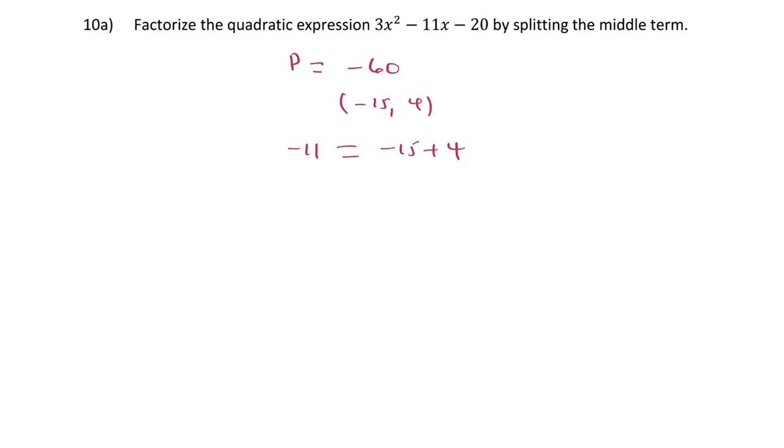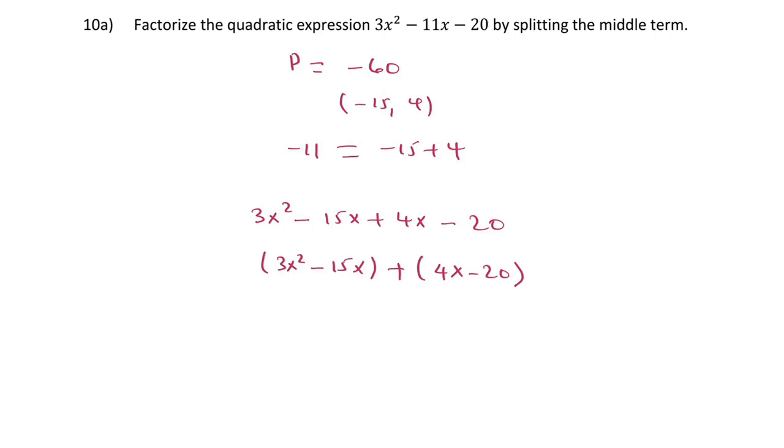Then we are going to have 3x squared minus 15x plus 4x minus 20. Next, let us separate the terms. Then we are going to have in brackets 3x squared minus 15x plus in brackets 4x minus 20.